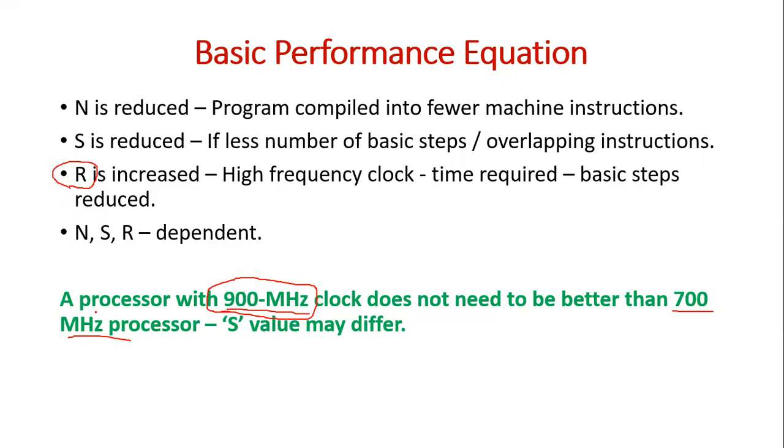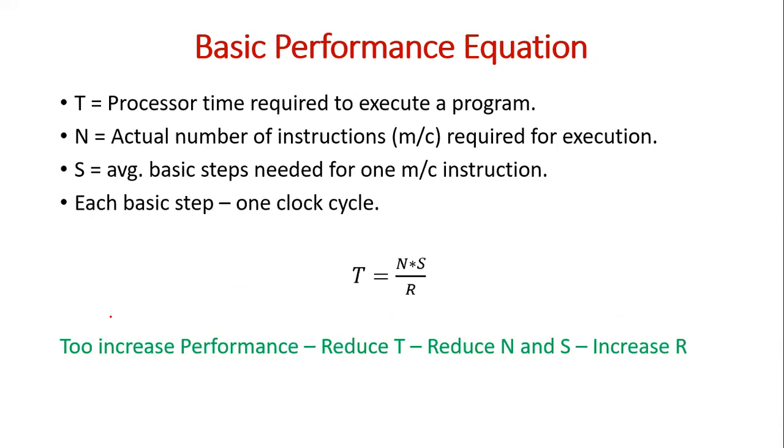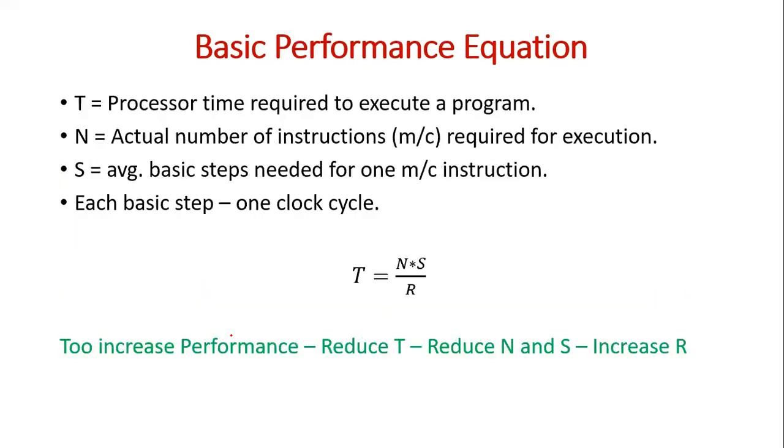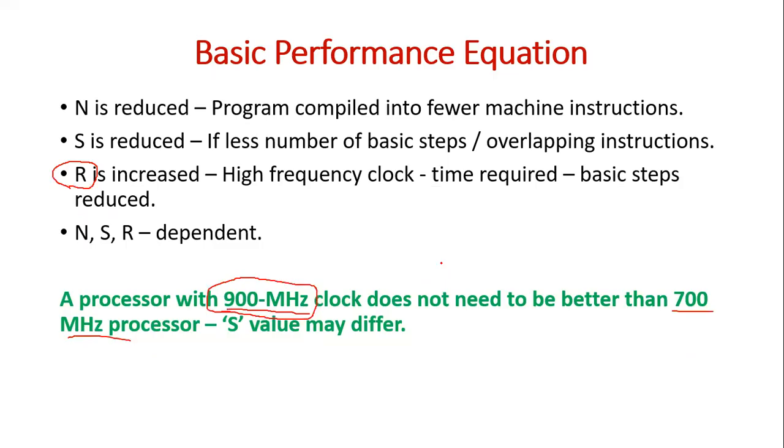But processor performance does not depend only on R; it also depends on N and S. Say a processor with a 900 megahertz clock has a high value of S, and a processor with a 700 megahertz clock has a lower value of S. Then obviously the 700 megahertz processor may perform better. Here S is the average number of basic steps per instruction. This is an important point you should understand.